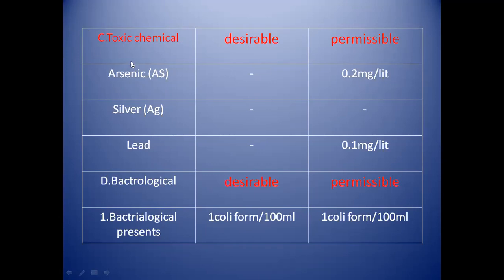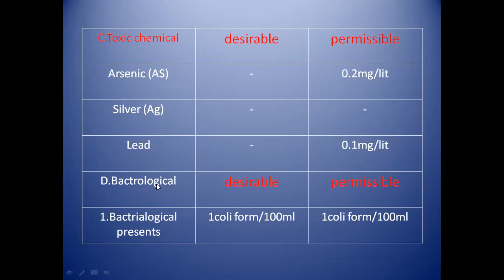The minimum value of arsenic as per IS code is 0 and the permissible value is 0.2 mg per liter. Then for silver it is 0, 0. If no silver is present in water, then this water is safe. Then the value of lead desirable is 0 and permissible, that is the maximum allowed value, is 0.1 mg per liter.